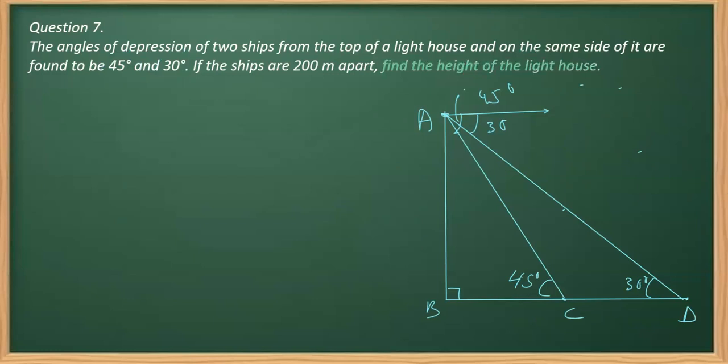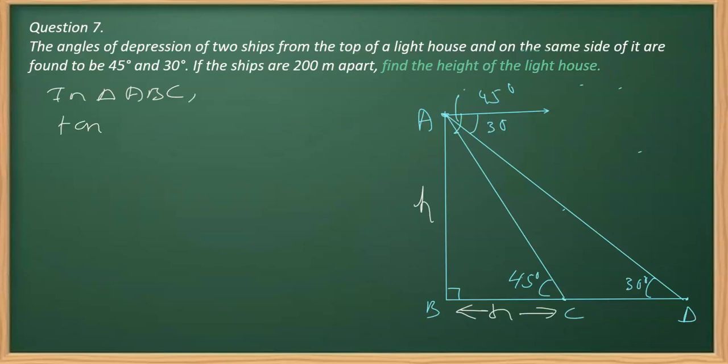Now, the final part of the question is to find the height of this lighthouse. So we can take the height of the lighthouse to be H. Further, we can take BC as X, which is not mentioned. So we can apply a trigonometric ratio in any of the triangles. I'm starting with triangle ABC.